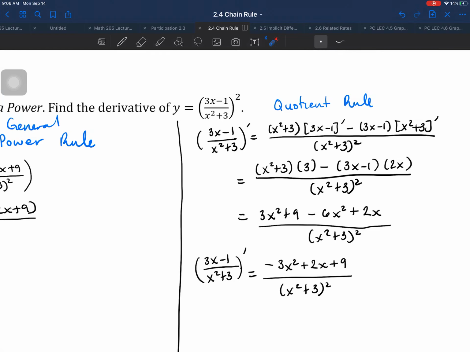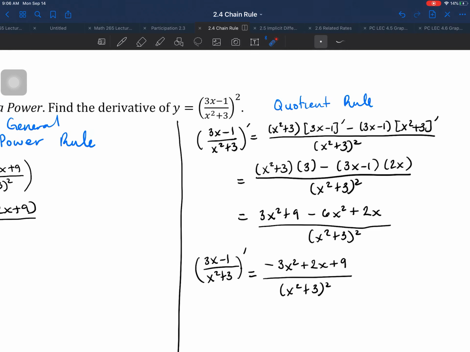It will be low d high minus high d low, square the bottom, there you go. And remember that it's important for us to actually follow the order because there is a minus in here.